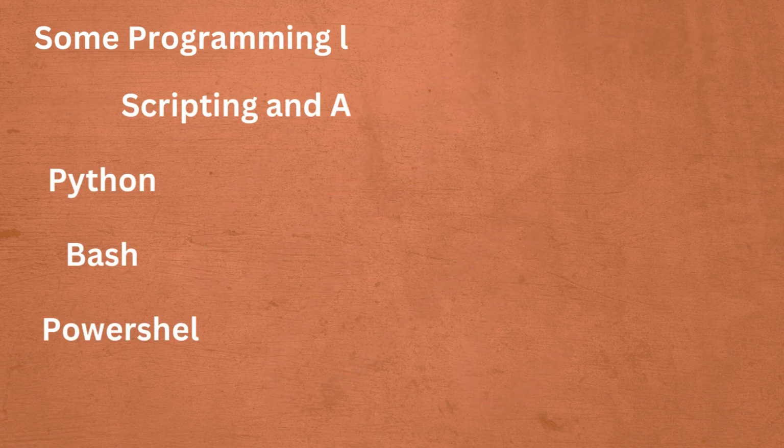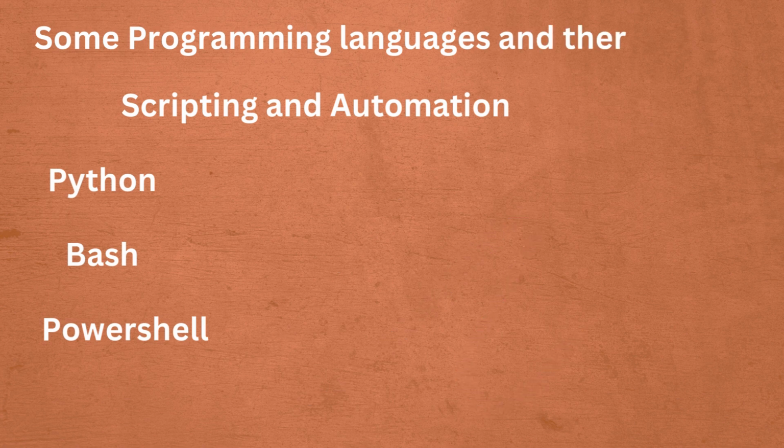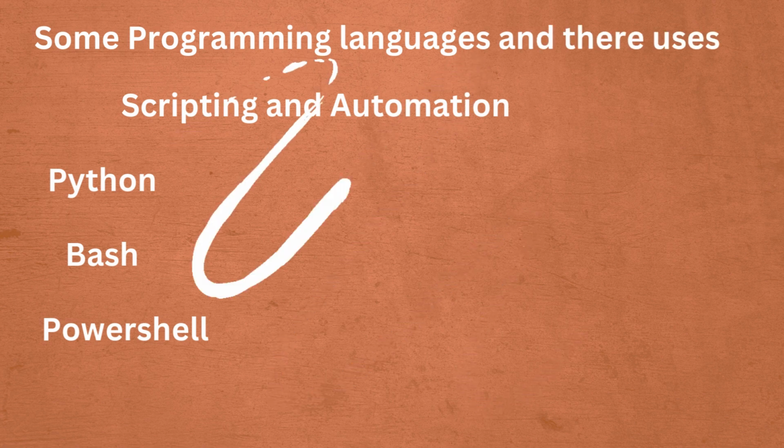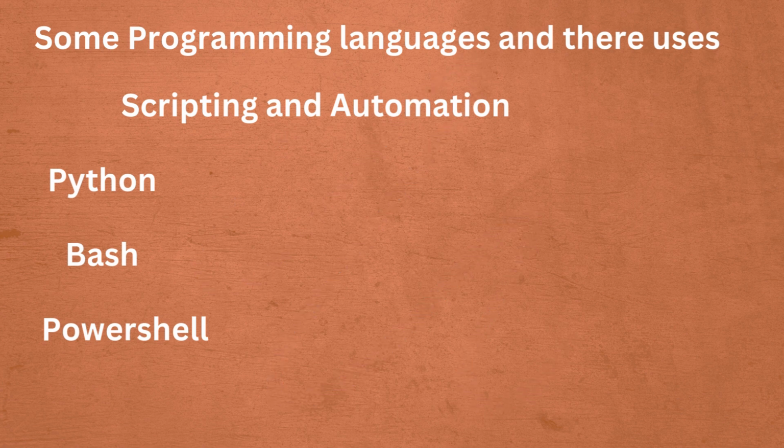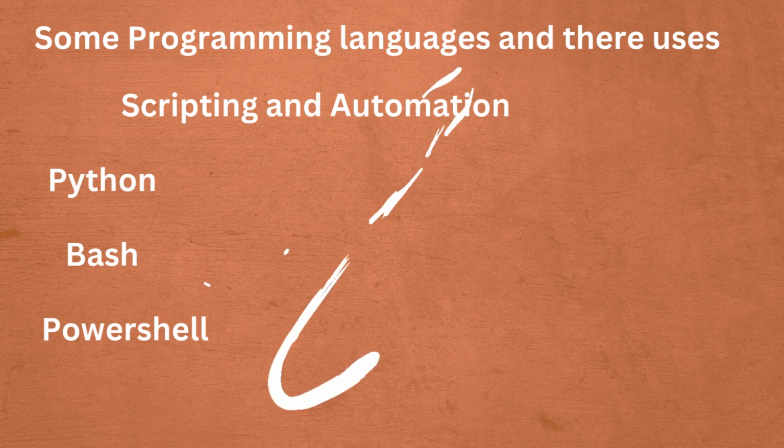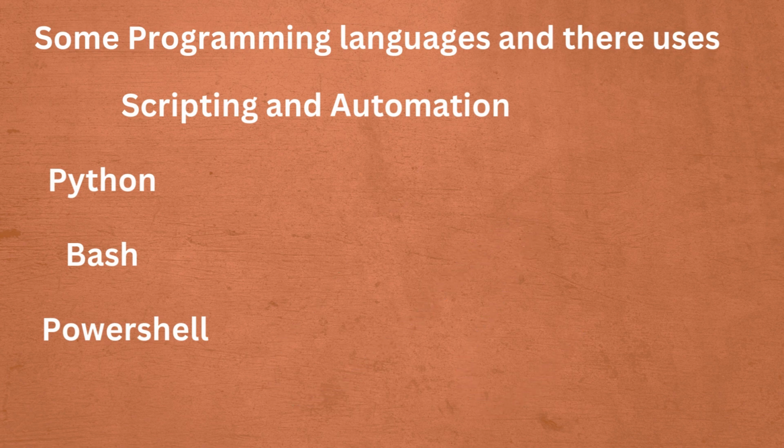Scripting and automation. If you want to be an expert in scripting and automation, you want to automate a task, or you want to create software that can automate tasks, like a bot that can do something by itself, the best languages to learn are Python, Bash, and PowerShell.